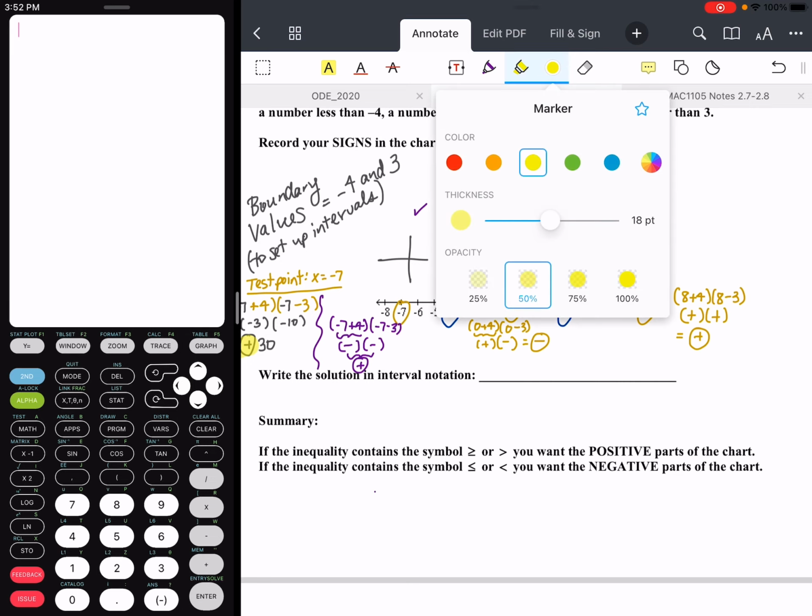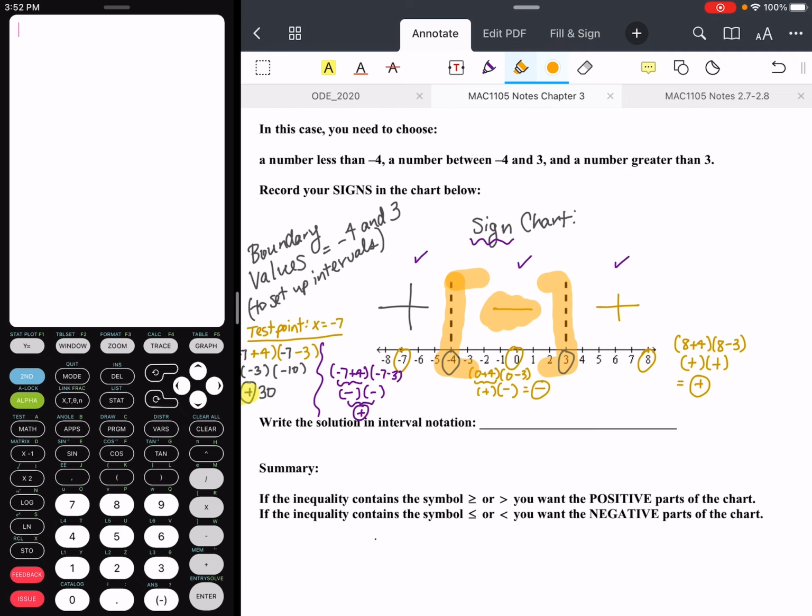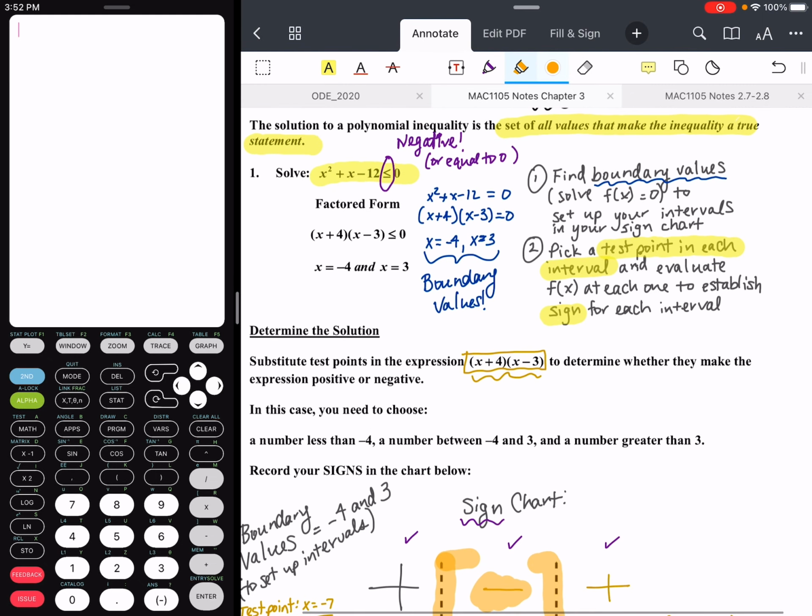So I'm going to pick out the areas of my sign chart where I have negative values, right? So that occurs inside this interval, where my values are negative. I'm not going to include either of the positive signs on the left and the right-hand side. And I sketched this out kind of messily using my highlighter here. I sketched this out using square brackets because it's less than or equal to, right? Less than or equal to, I'm going to use square brackets to contain my interval.